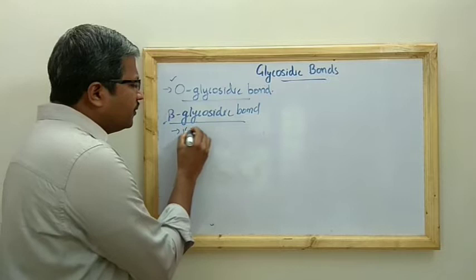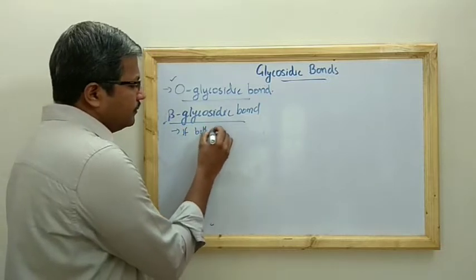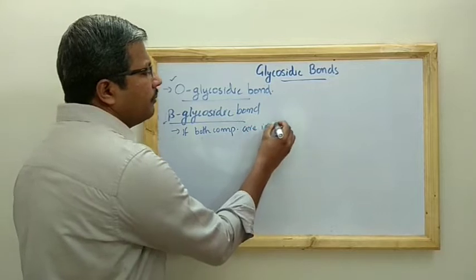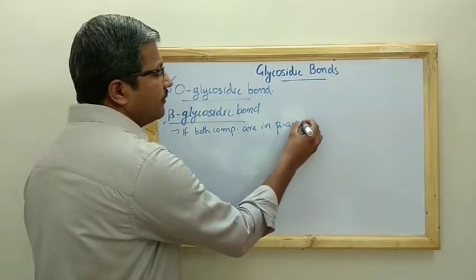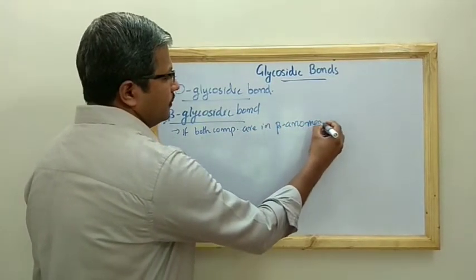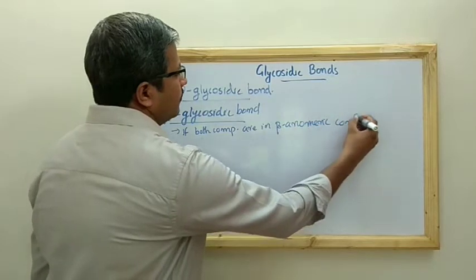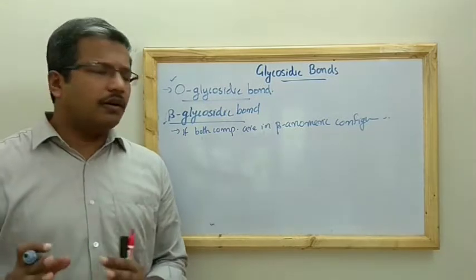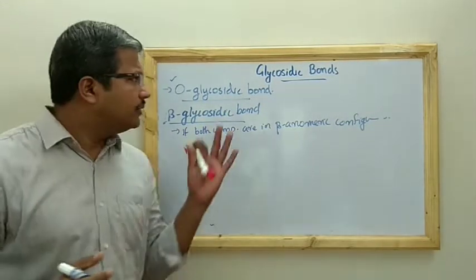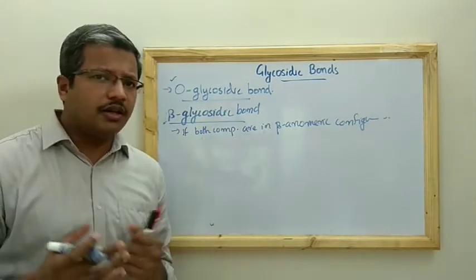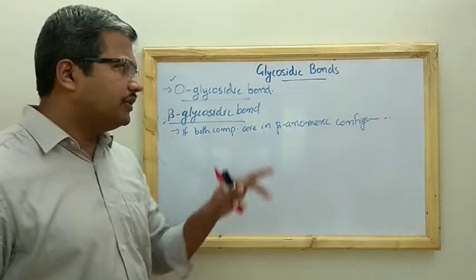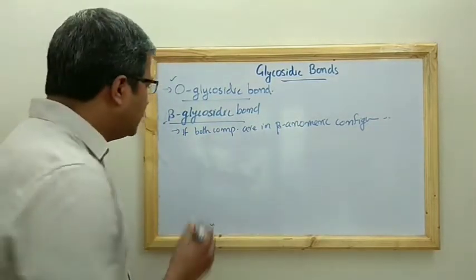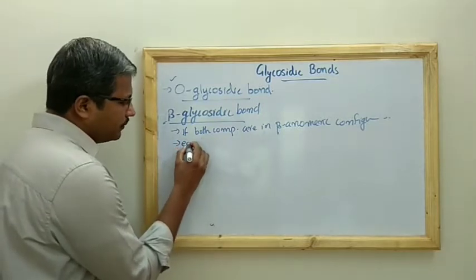So if both components of this particular glycosidic bond are in beta anomeric configuration, it will be known as a beta glycosidic bond. The best example is cellulose.